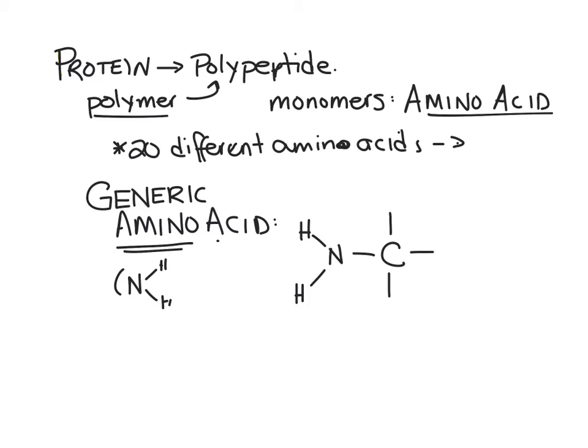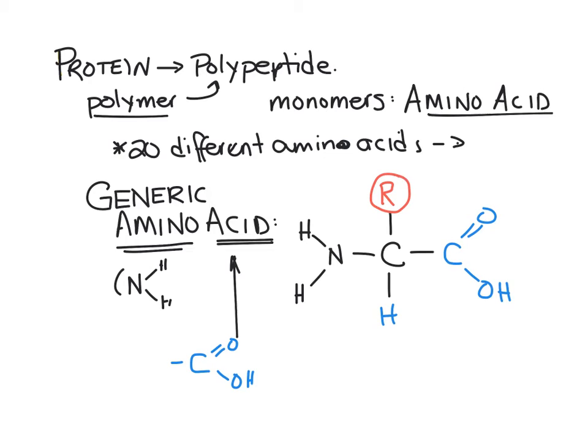And the acid: in biomolecules, a lot of the acids are the carboxylic acids, or the carboxyl group, so that's C, double bond O, OH. From the central carbon, you build your carboxylic acid off the end, and then every amino acid has a hydrogen, and what makes each amino acid unique is the different R groups.